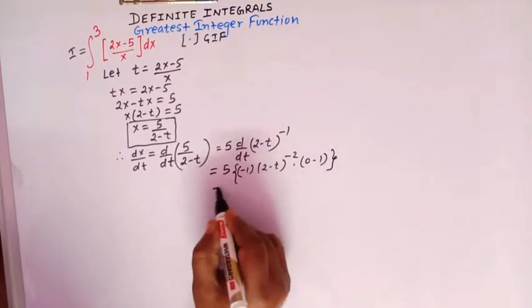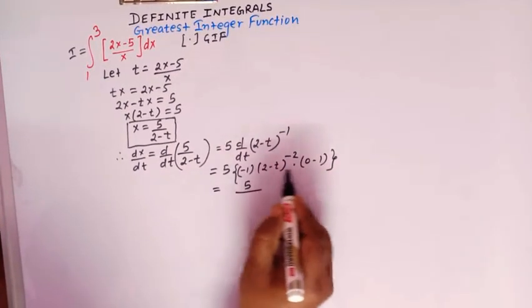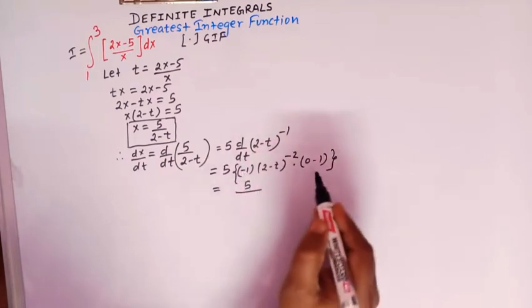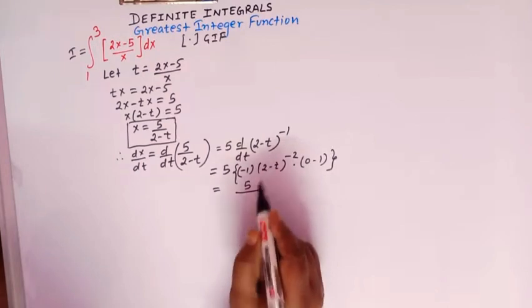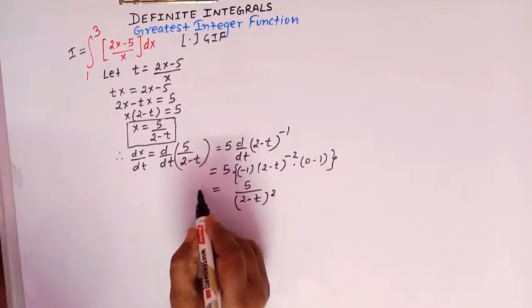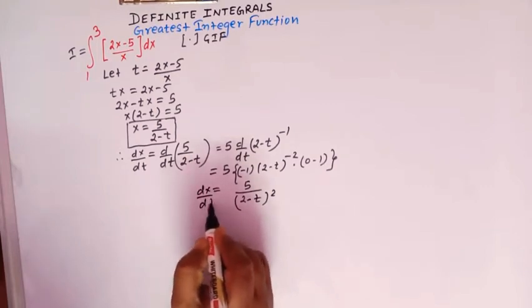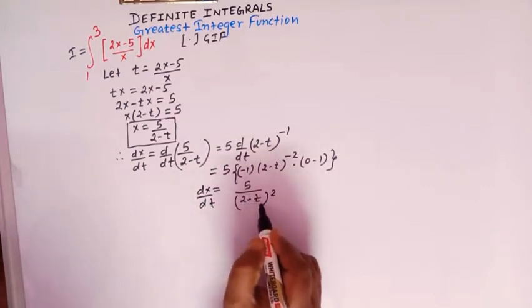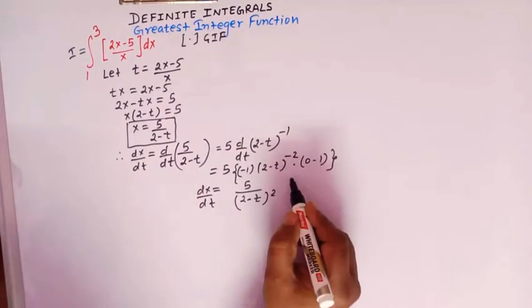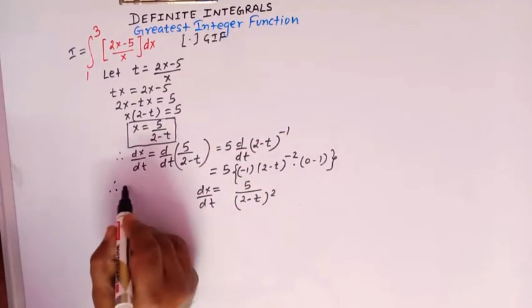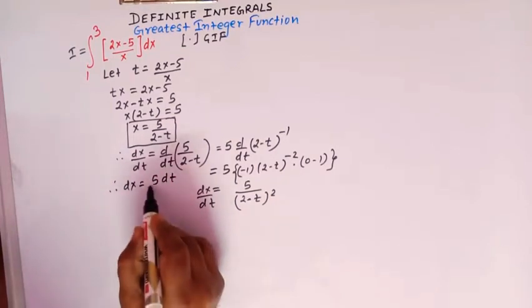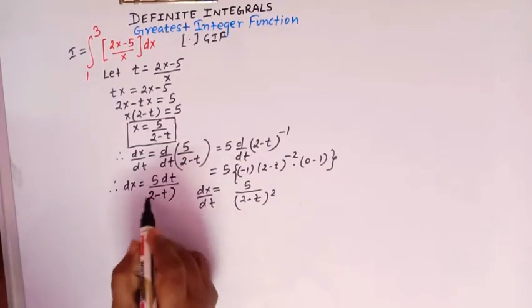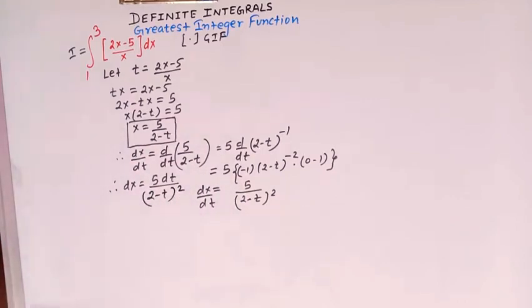Now if we solve this expression, then minus 1 and minus 1 multiplied become plus 1. So we have (2 minus t) squared. So dx over dt is equal to 5 over (2 minus t) squared. Therefore dx is equal to 5 dt over (2 minus t) squared.